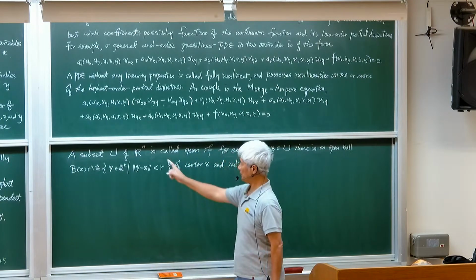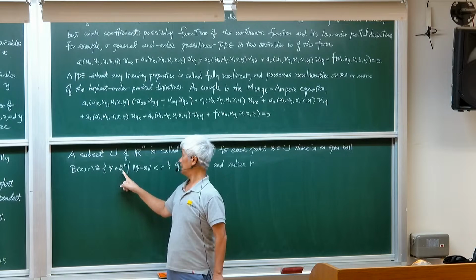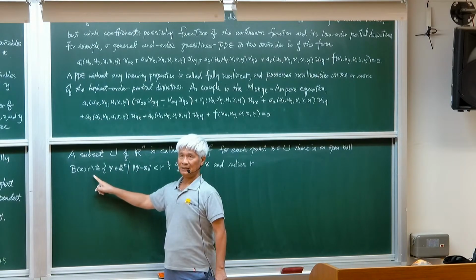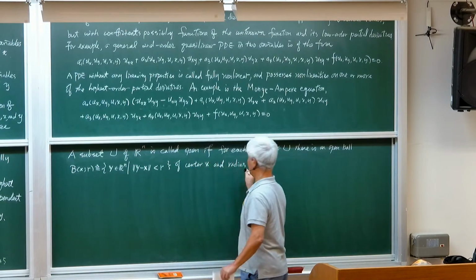So an open ball is defined this way: the center is x and the radius is r.